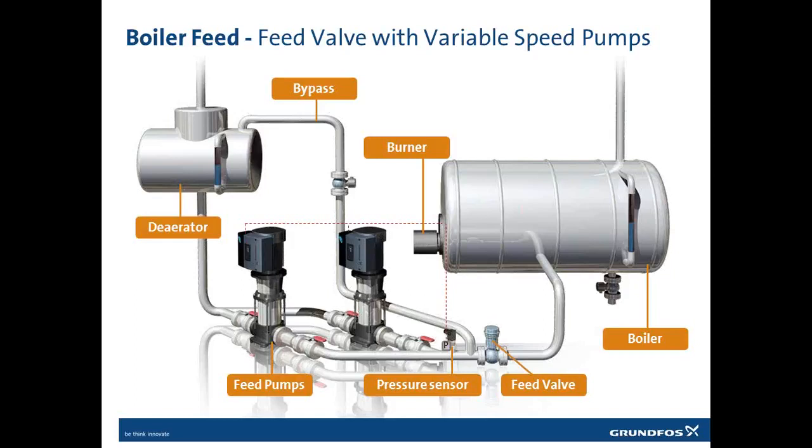That is not a pump manufacturer's obligation to do anything about the actual boiler pressure. That's the burner manufacturer who's controlling that. We just have to overcome the pressure in the boiler. So we can't use the pressure in the boiler as an indicator or as a control for our speed control pumps.